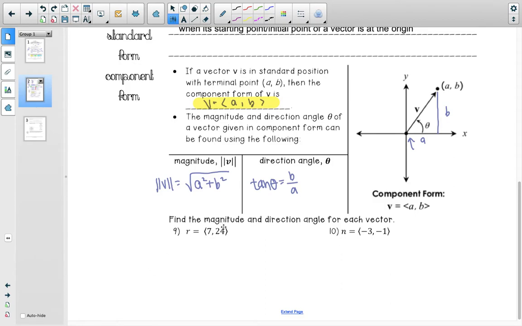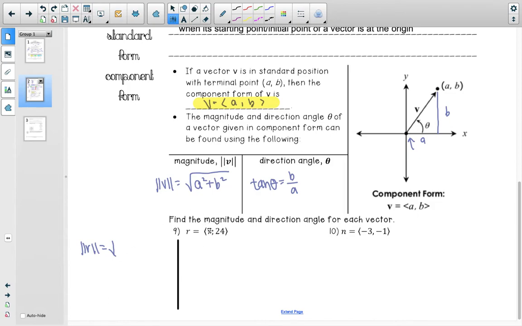So find the magnitude and direction for each vector. So let's separate this, and let's do magnitude first. These ones are easier in component form, I think, because it's a lot less work.